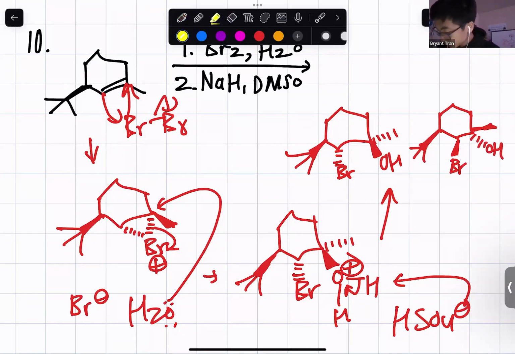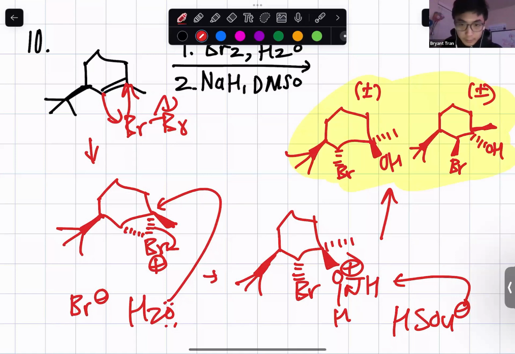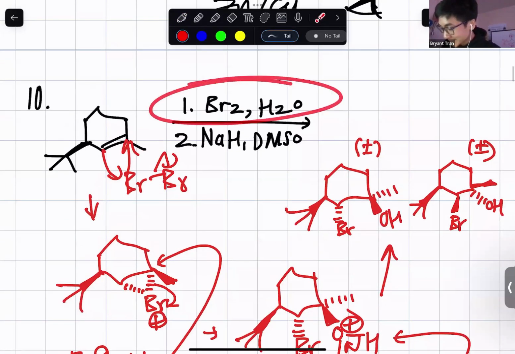Okay. And then you could do plus minus like that for both. Okay, right. So this is the product for the first reaction.